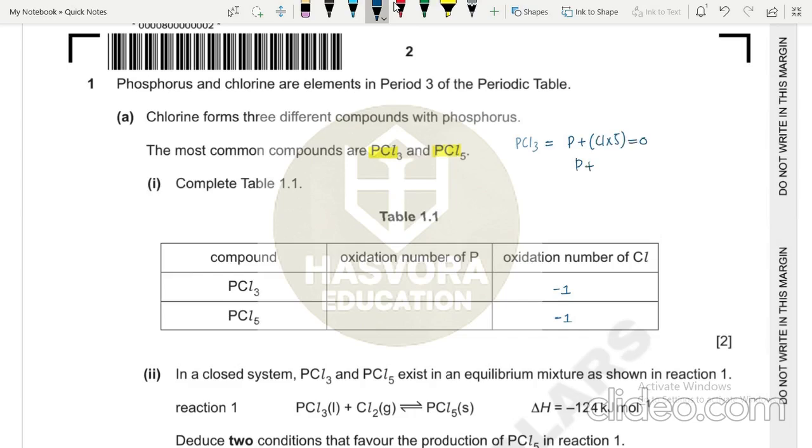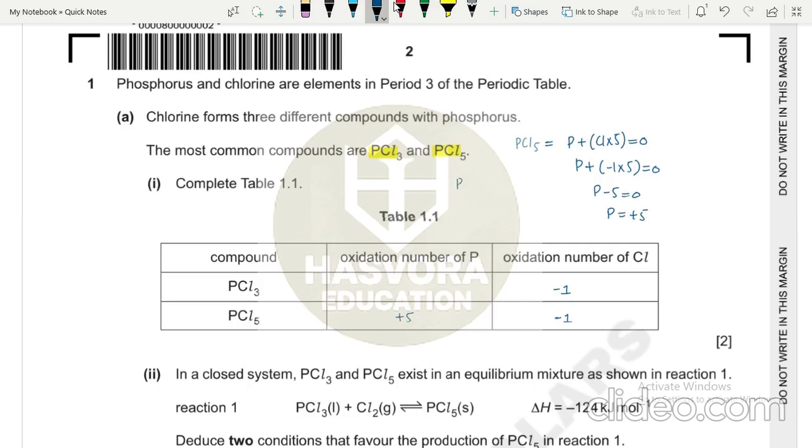So P plus -1 into 5 becomes P minus 5 equals 0, and P will be equal to plus 5. I had written PCl3 by mistake, so let's remove this. This is PCl5. So in PCl5 the oxidation state of phosphorus is plus 5.